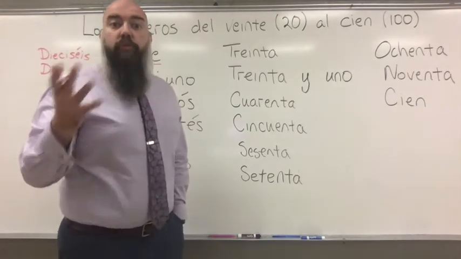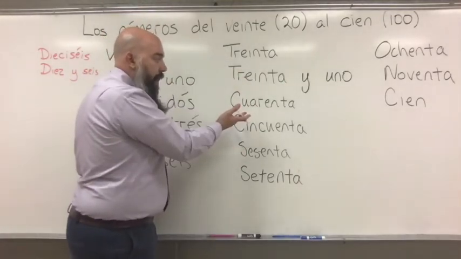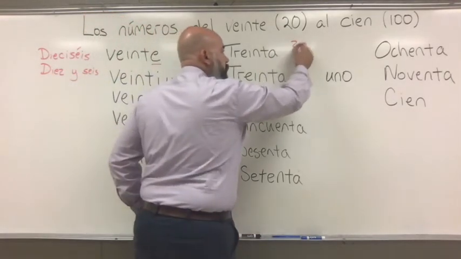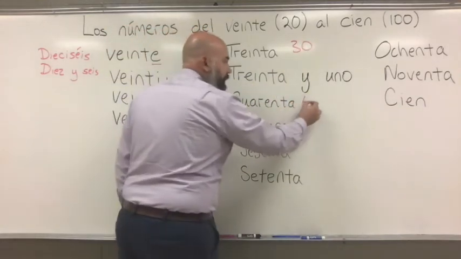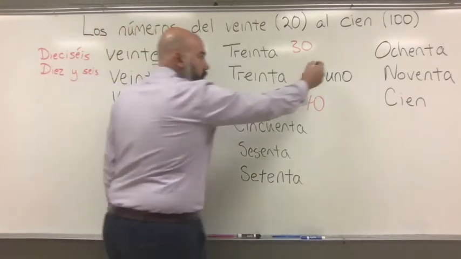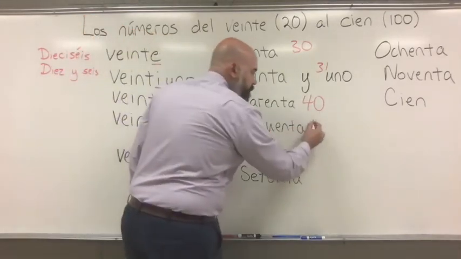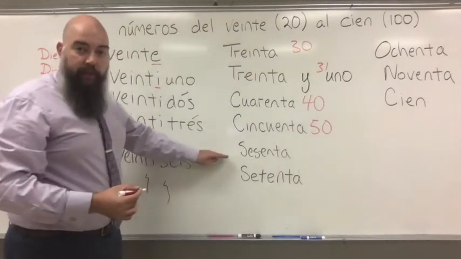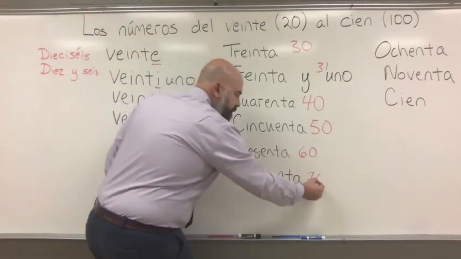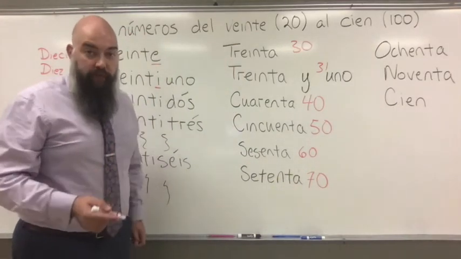You just have to know the 30, and then the next one, 40, and then the next one, 50. So 30 is treinta, 40, cuarenta, okay? 31, of course, being treinta y uno, okay? 40, 50, okay? These two, 60 y 70. These are very confusable because they are only one letter off.